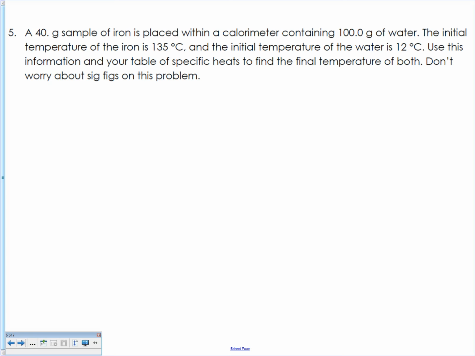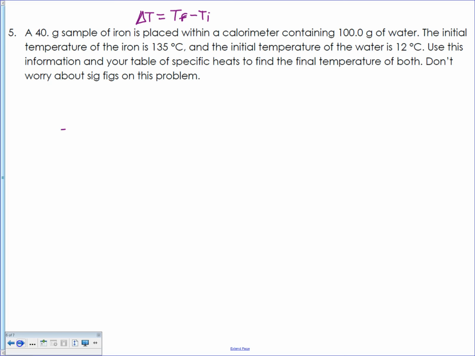And so that variable shows up twice in this problem because, again, delta T equals TF minus Ti. And that final temperature is both the final temperature of the iron and the final temperature of the water.